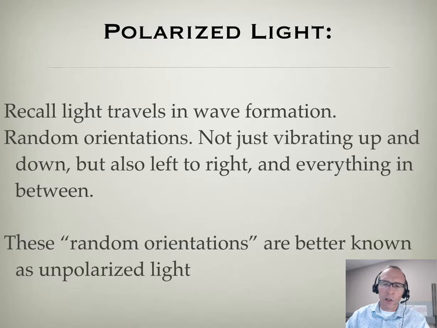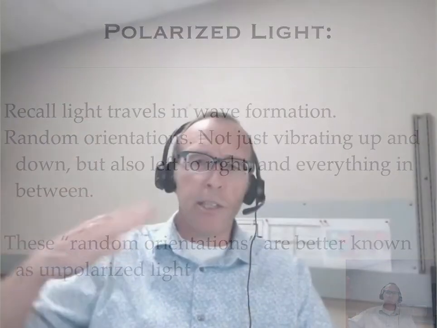But one thing that you should know, and I just want to get across, I'm actually going to back up here, is know that, yes, light travels in waves, but it doesn't necessarily travel up and down. In fact, some light might be vibrating side to side. Some of it is vibrating on an angle. So if my hand was light coming towards you, it could be vibrating this way, but it could also be vibrating that way.